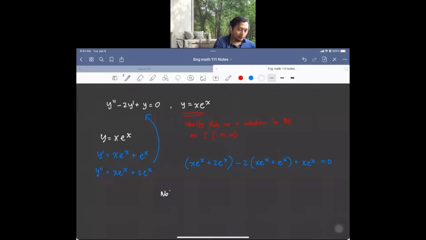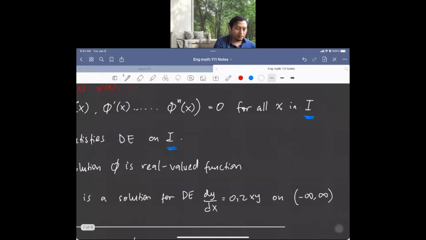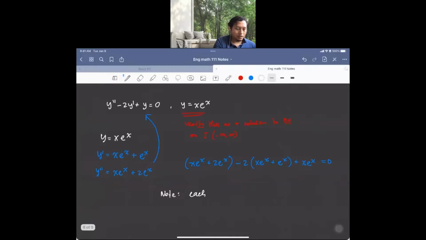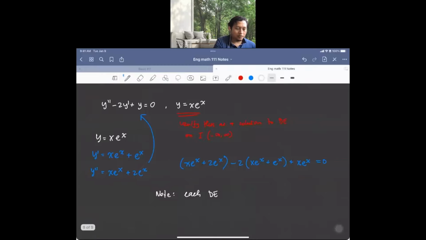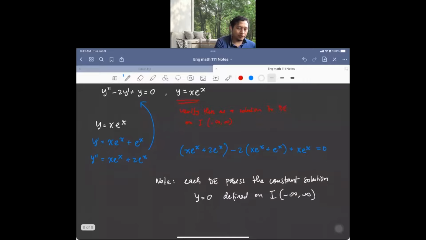So as a note, each differential equation, this and the last one here, each differential equation possesses the constant solution that is y equals 0, which is also defined on the interval.